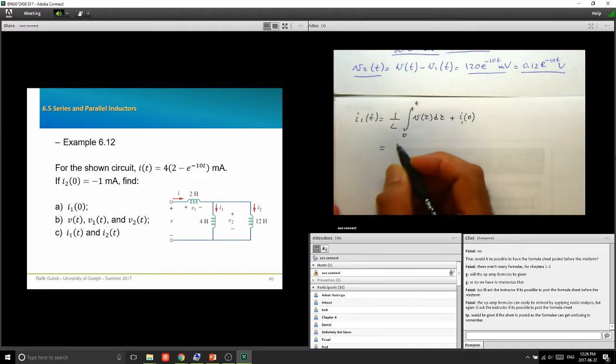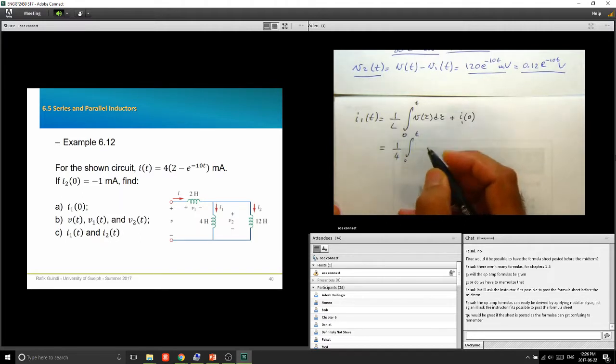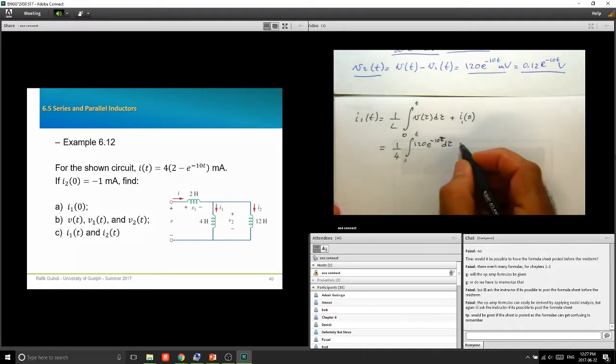So I1 of t is equal to, the L here is 4. Then 20 e to the negative 10t, or tau in this case, plus I1 of 0.